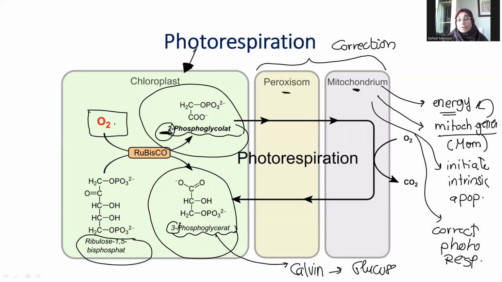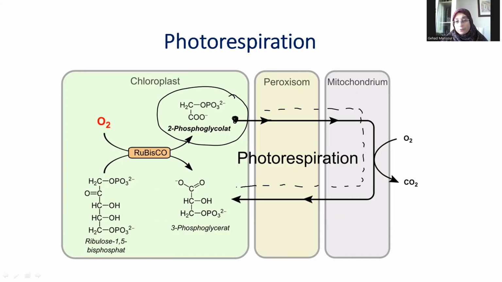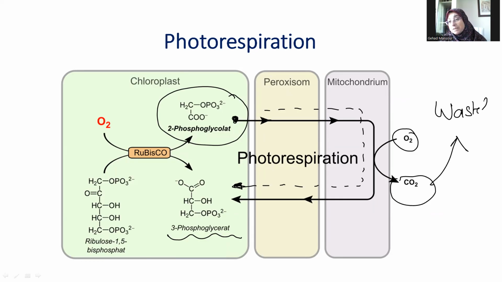So the peroxisomes and the mitochondria try to correct this by converting it. You see the arrow, it starts here, and then phosphoglycolate goes into a chemical pathway in order to be converted into phosphoglyceric acid. But during that process, we require oxygen, and carbon dioxide is released. And that is why we say it's wasteful.